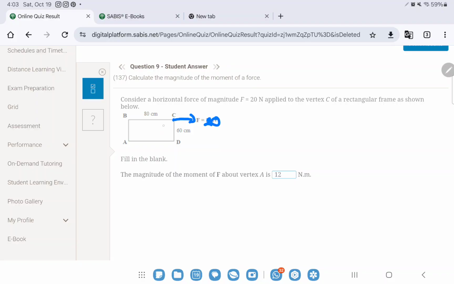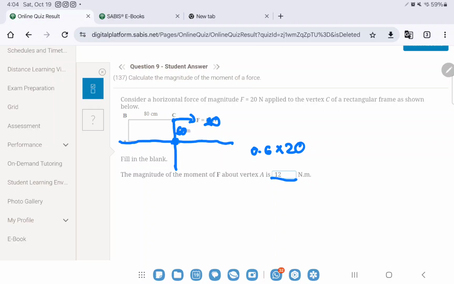About vertex A, you need the distance between this point and whatever intersects with the line here. So it's 60 centimeters. We need it in meters, so 0.6 times 20, which is going to be 12 Newton meters.